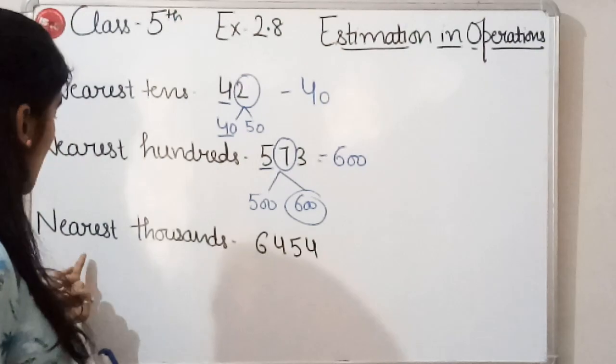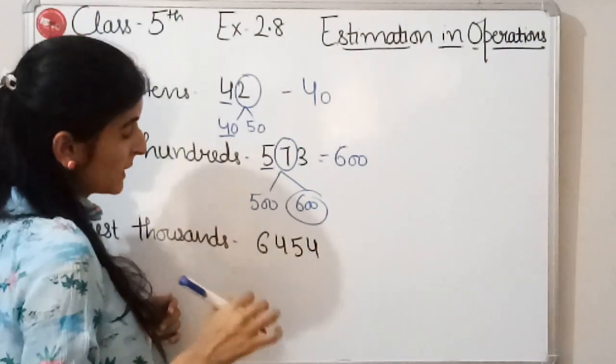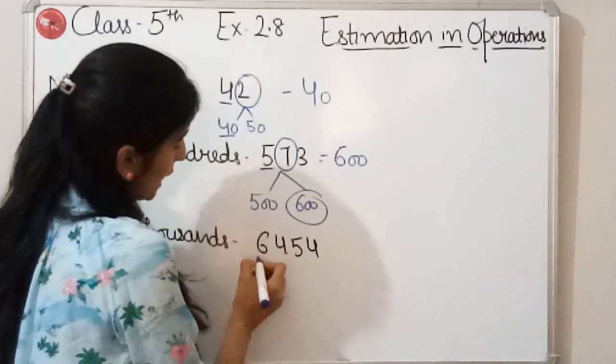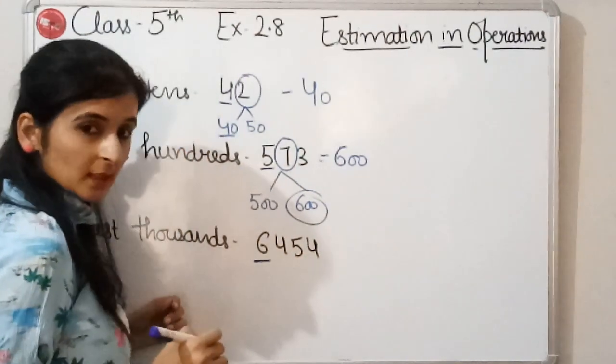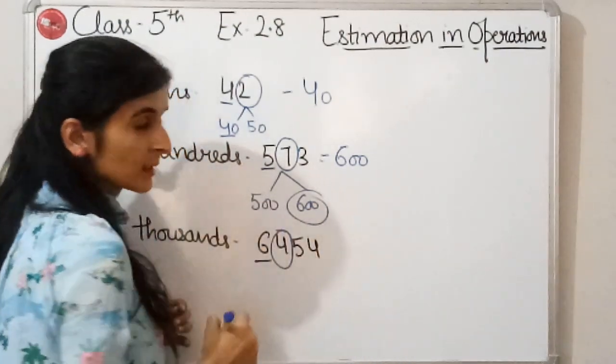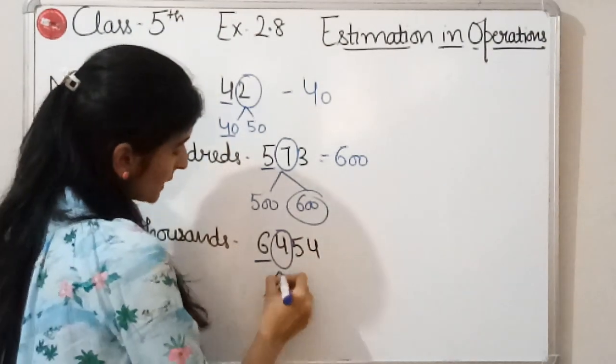Now we have nearest thousands. So first of all we must check which digit is there on thousands place. So on thousands place we have 6. Then we will highlight the digit which is on its right, that is 4. Now we must know where it lies.